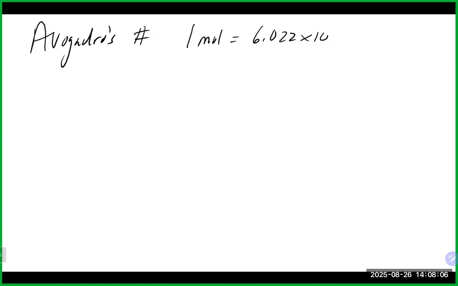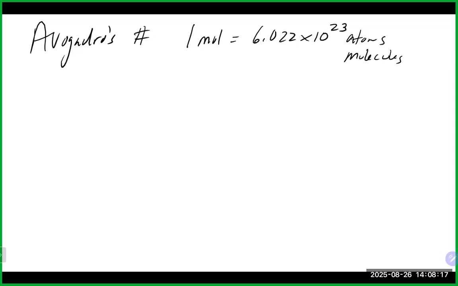Maybe a little less common is Avogadro's number. We don't really use it all that much, but why not give a shout out to him. So 1 mole of anything will equal 6.022 times 10 to the 23. These could be atoms, molecules, particles, pizzas, whatever you like.